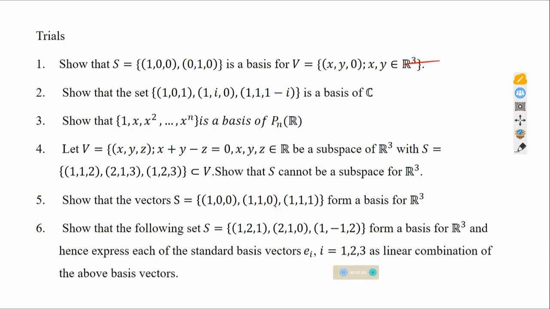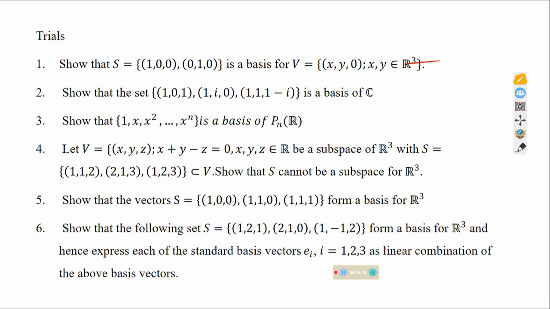If it forms a basis, then we shall count the number of elements in this basis. So let us suppose that this S here is a basis of R3, meaning it satisfies the two conditions. What is the dimension? The dimension will be basically the number of elements in this basis here.